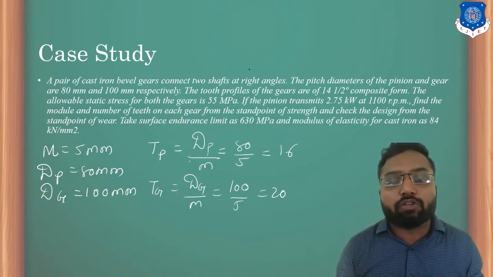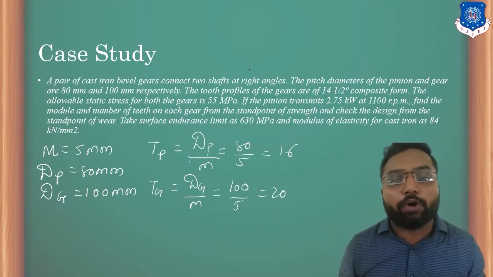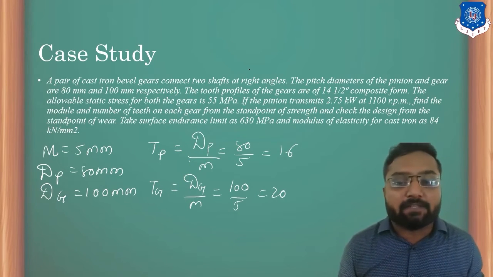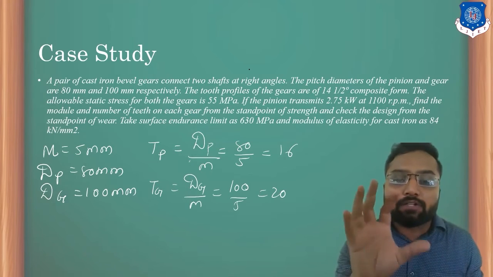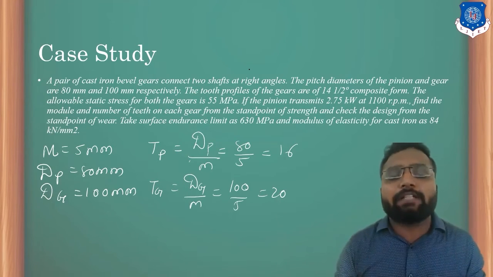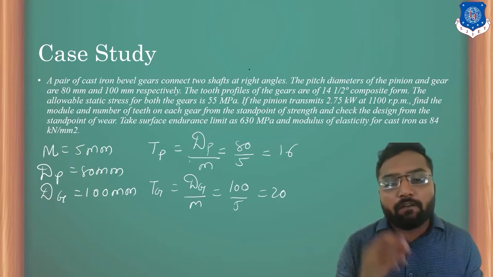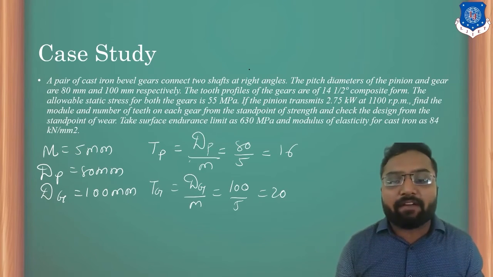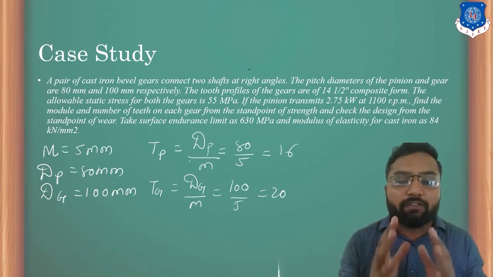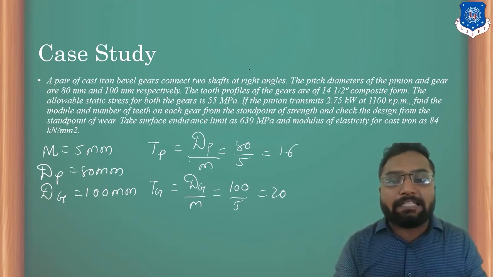Depending on that WT, we found the module, and after finding this module, we ended our first portion. Then we took our number of teeth from the equation dp by m, which is 80 by 5, which is 16, and dg by m, which is 100 by 5, which is 20. So ultimately we got the values of TP and TG.